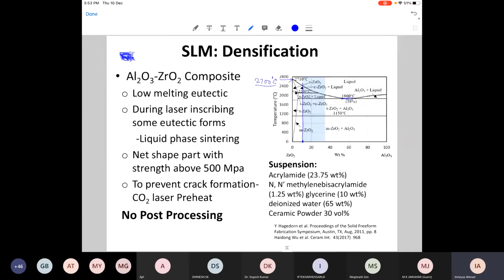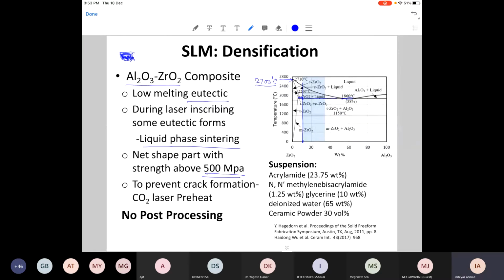At around 1800 degrees C itself, you will have about 8 to 10% liquid, and that will be enough for you to densify or bond the grains together. And so people use low melting eutectics, or liquid phase sintering, and people have been able to produce zirconia alumina with 500 MPa strength.